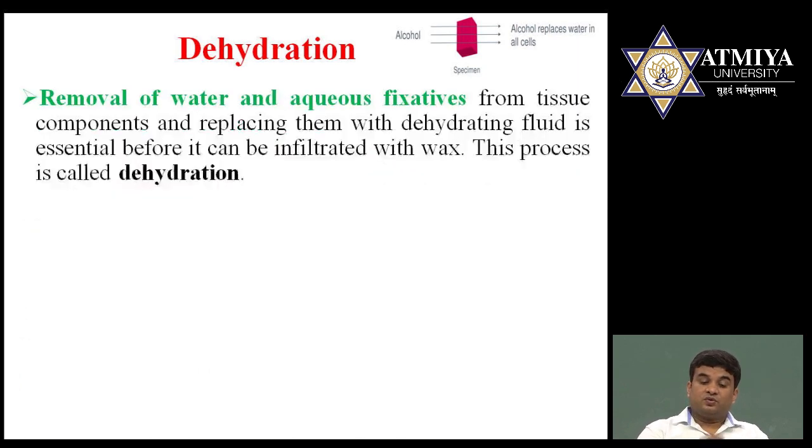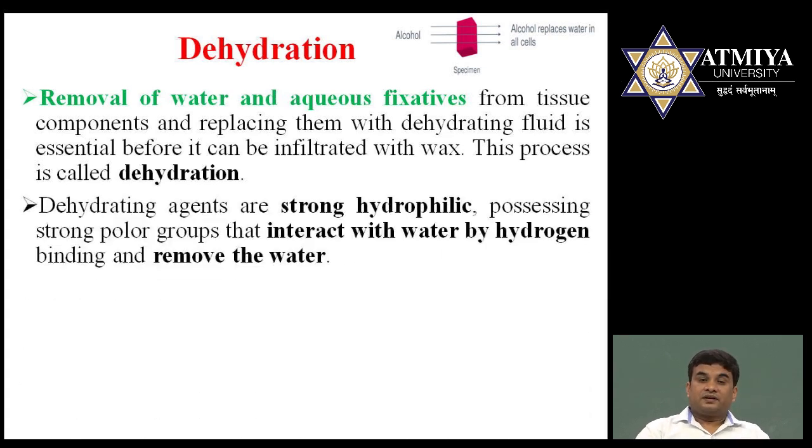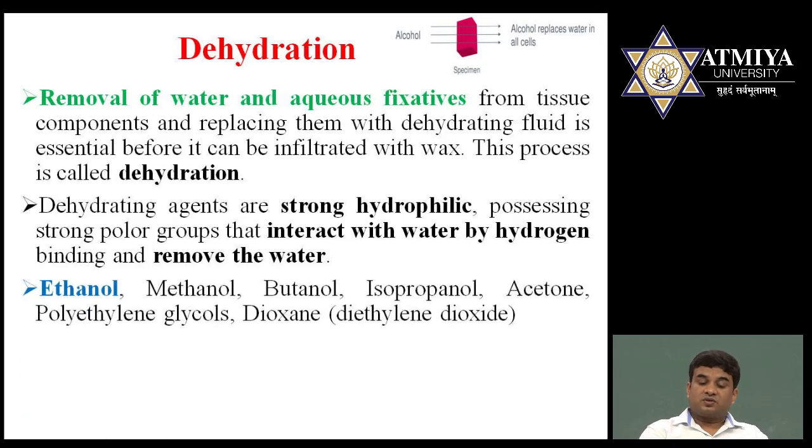So you need to remove any aqueous solution or water from the tissue, and only then can the wax infiltrate inside the tissue and get the tissue embedded. So dehydration is the removal of water from the tissue, and finally the places will be occupied by the dehydrating reagent. In this case, alcohol is most commonly used as a dehydrating reagent.